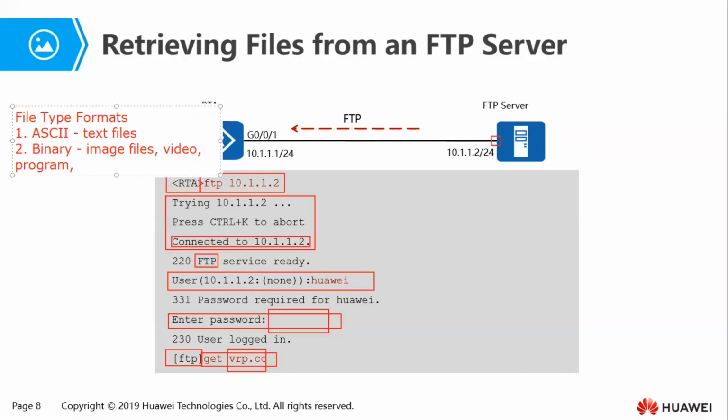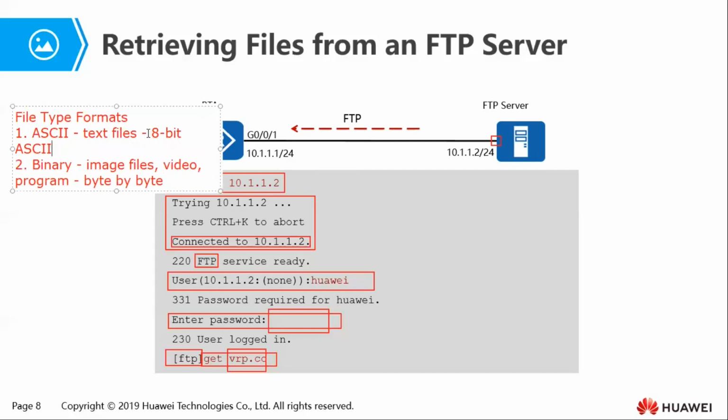So with binary, data is sent byte by byte. On the other hand, with ASCII, it actually converts your text file into what we call 8-bit ASCII. ASCII, I think, is American standard for something.